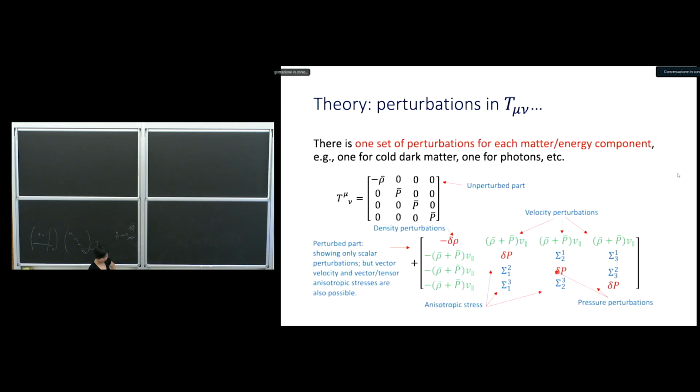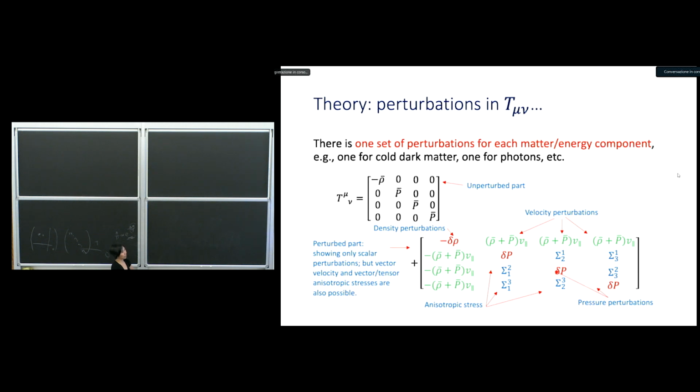Now, here's the stress energy tensor, and I said we have to perturb that as well, because there are perturbations in my matter and my energy. And it looks something like this. So this here is the unperturbed part, which is the one that we saw yesterday for FRW. And here are all the perturbations. So what do we have? You have density perturbation over here.